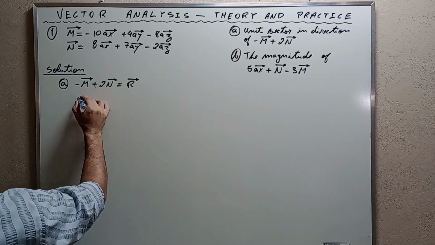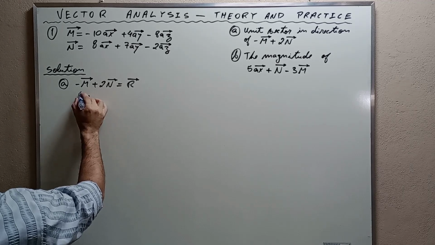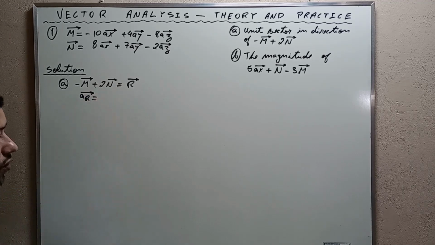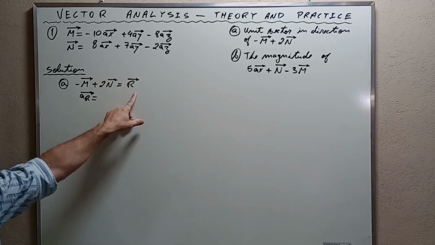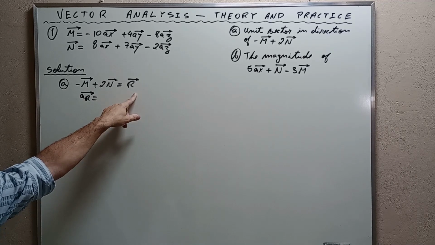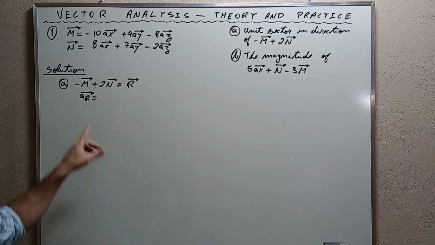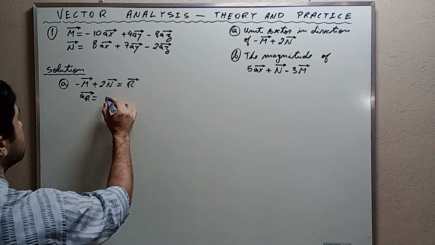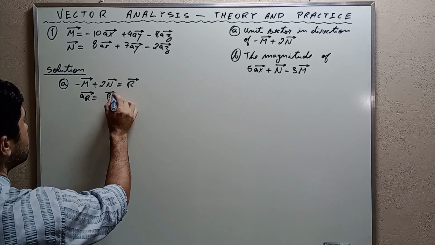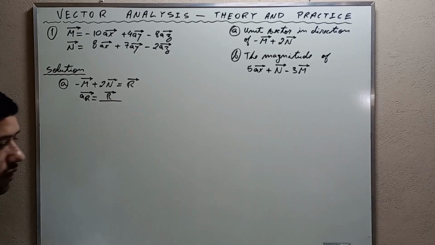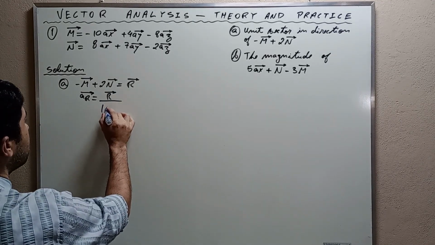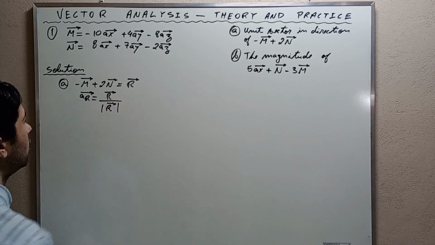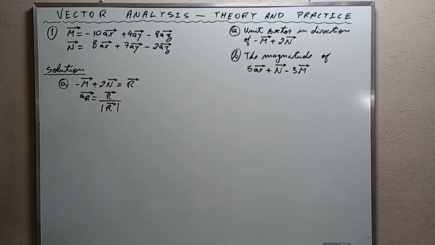Let's call a r the unit vector in the direction of r. And how do we compute a r? Simply dividing r by its own magnitude. Okay? That's it.